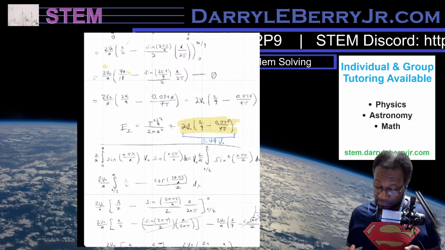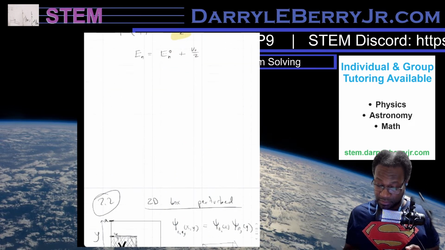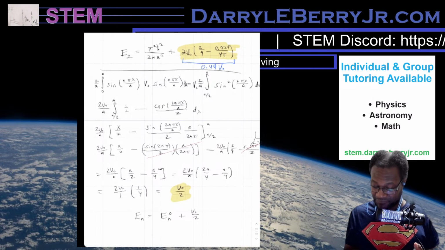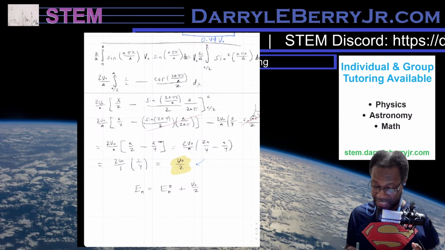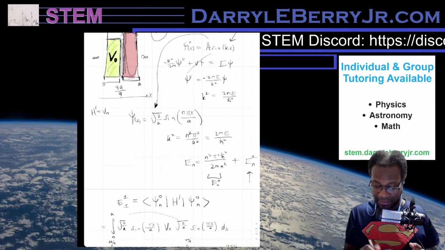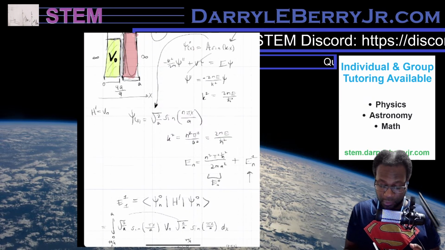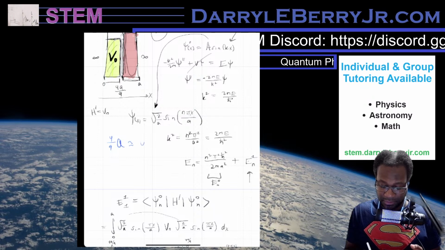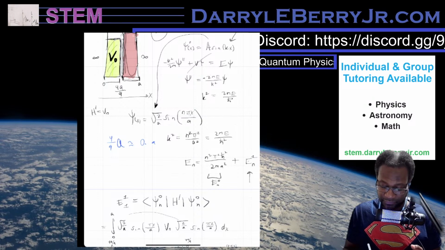And basically, a half of v naught is about a half of v naught, so we can see that it's about the same. If you remember, this was 4/9, so this is about a half, right? 4/9 is about 0.5, close enough.